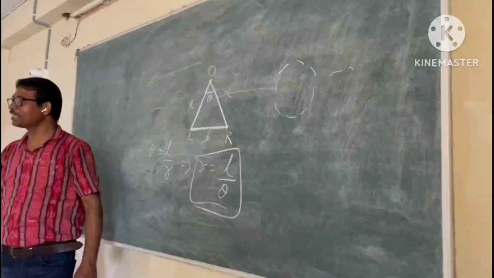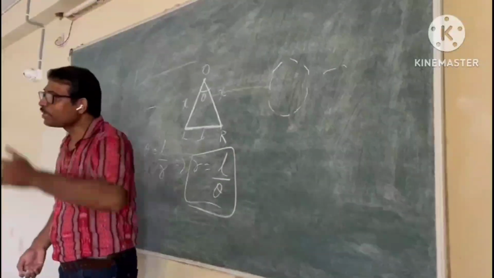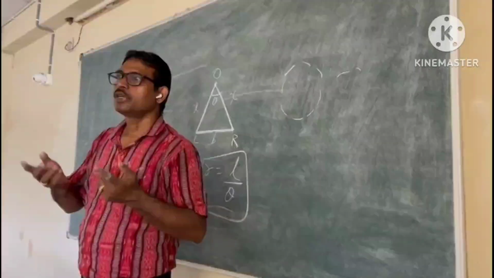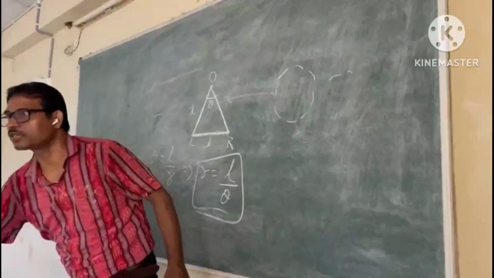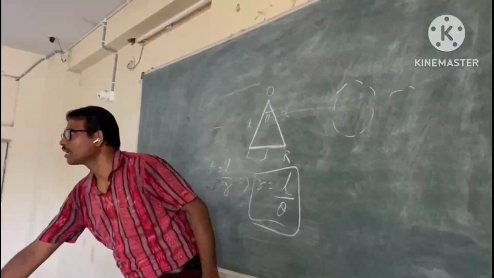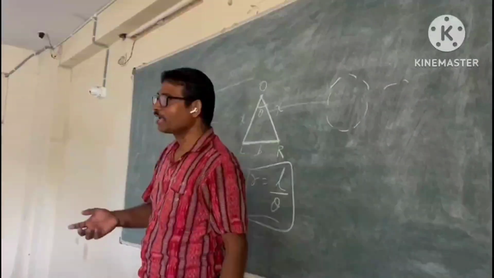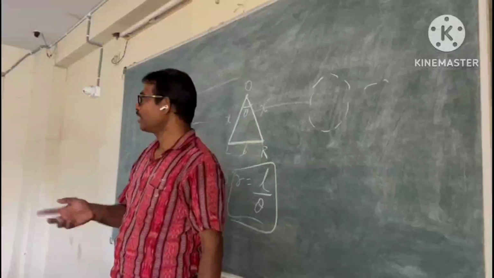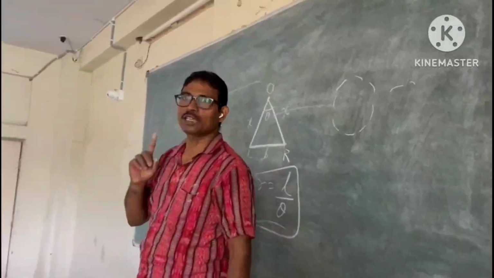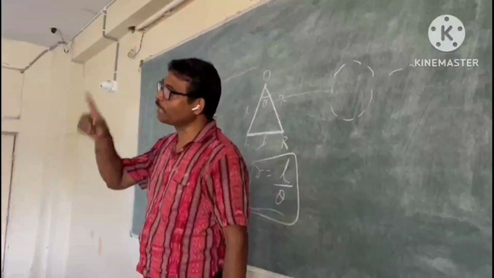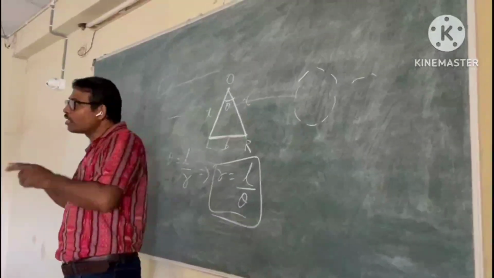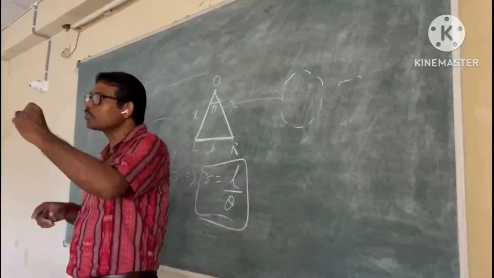But very interesting is, if the astronomical distances are very far from us, the distance of the Moon, the distance of the Sun, what is the distance compared to Earth? Is it smaller or more? It is more. The Moon is 3,86,000 kilometers, but the Sun is 15 crore kilometers. So when the distance becomes more and more, the angle becomes very small.